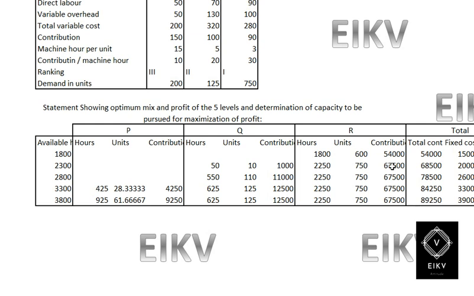Okay, when we take that 1000, we will get the total contribution as 68,500 minus 20,000 as fixed cost, you will get a profit of 40,500.